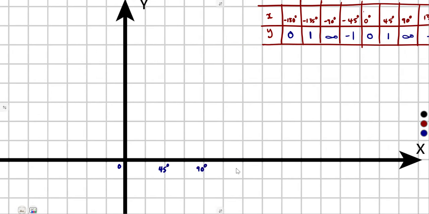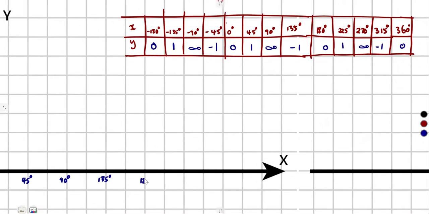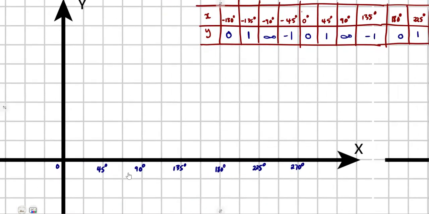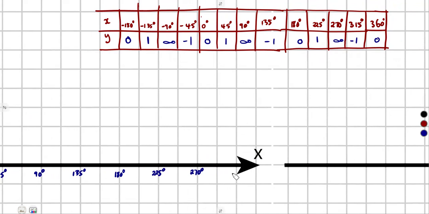So that's 90, 135 according to the spacing that we had on our x values there. So that's 180, 225, 270, 315. Oh, guys, it's exceeding. No problem. So 360 was going to be somewhere here. Let's just put it somewhere there.